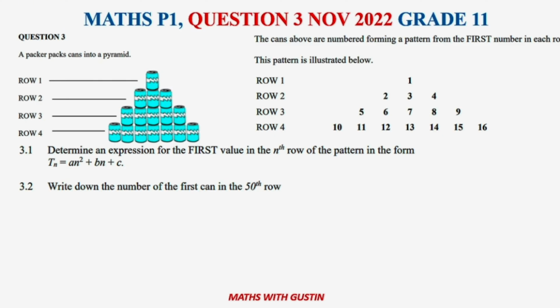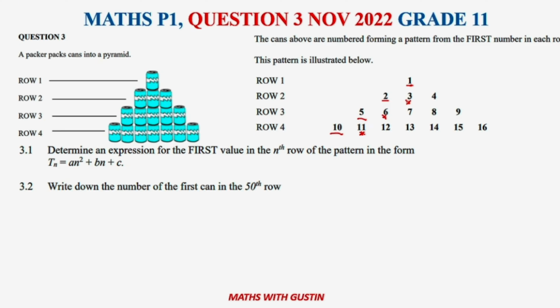The pattern is illustrated as follows: 1, 2, 5 and 10. There are different patterns here, so we are only going to use the first one. Great stuff, so now let's have a look at 3.1.